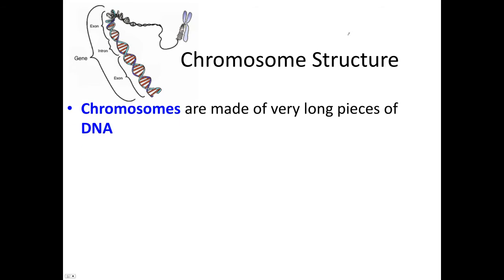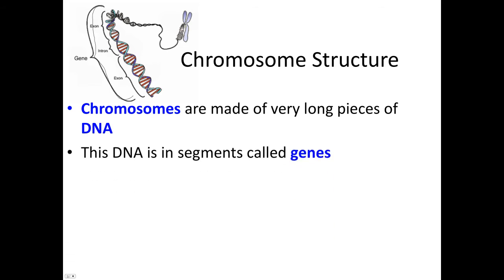Basically, we just have to review what a gene is. We said that each gene is transcribed individually. Looking at it in the larger picture, this is a chromosome right here. Chromosomes are made up of DNA, very long strands of it, like that string we called chromatin, wound up.